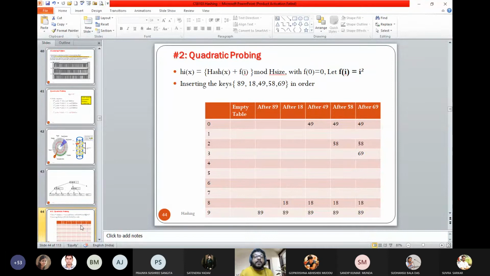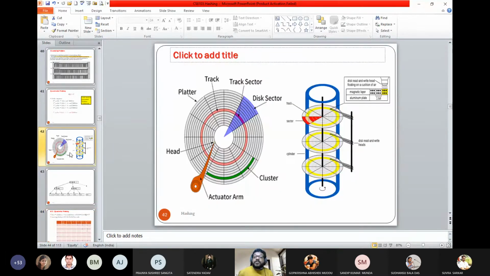Now, before we map to the hard disk, if you look into the secondary storage, we are using different types of hard disk, and when we are storing the record, that's why we need an index like a table, like a hash table, where we store two pieces of information.